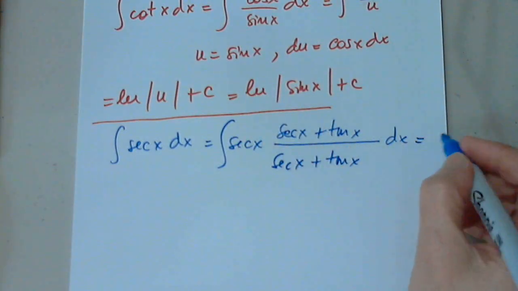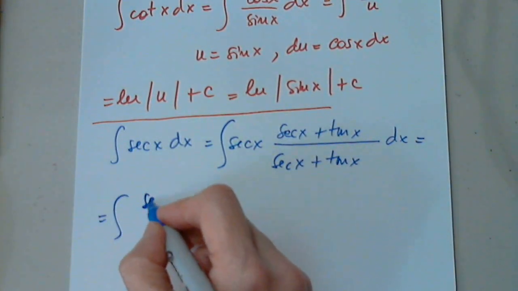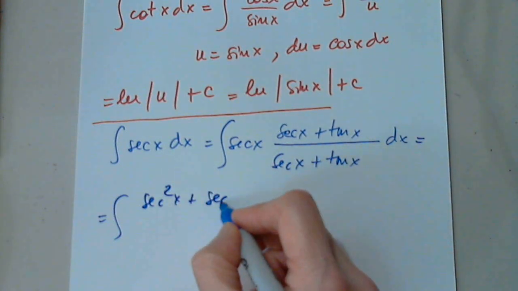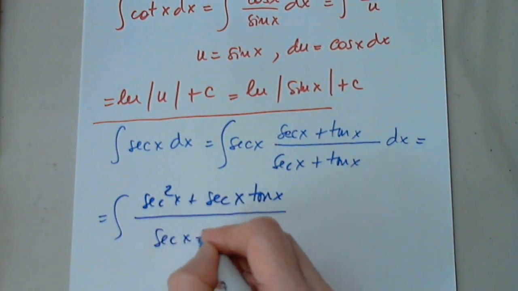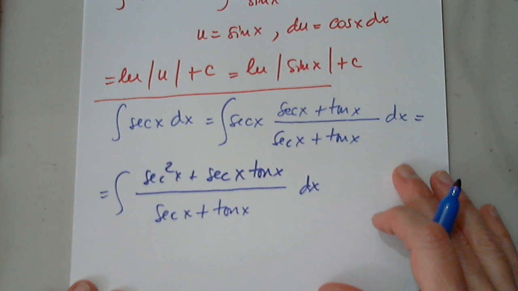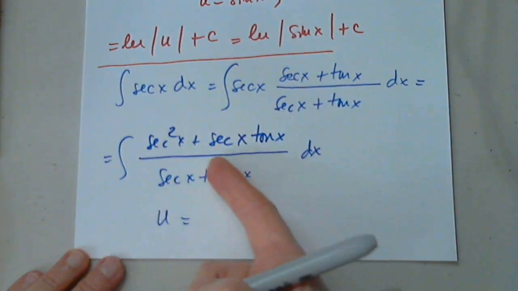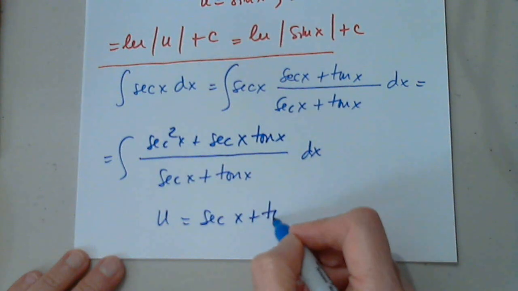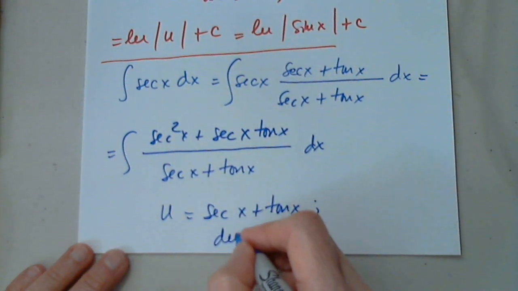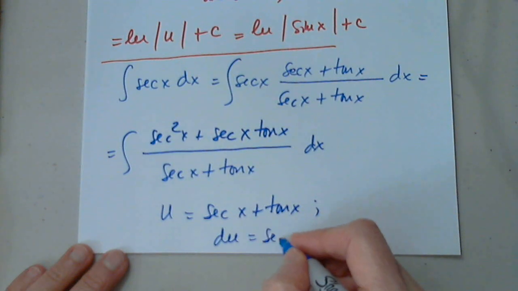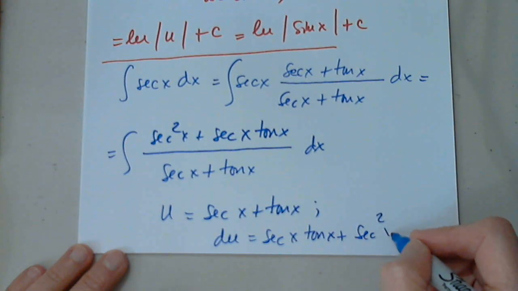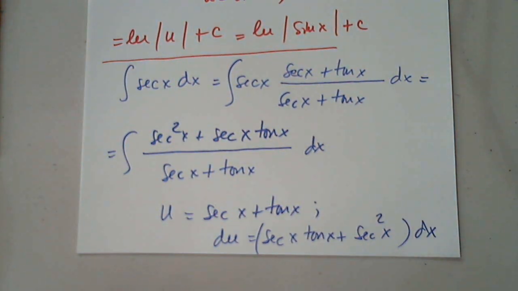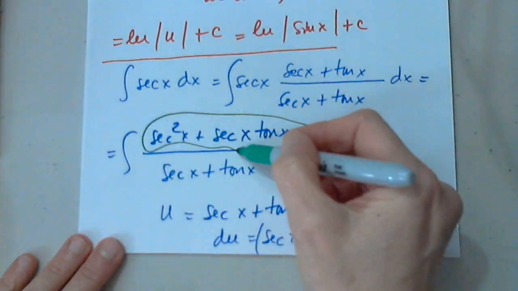I will distribute secant, so I get secant squared plus secant tangent, divided by secant plus tangent, dx. And now I will let u be this quantity, secant x plus tangent x, and of course du is secant prime, secant tangent, plus tangent prime, secant squared, of course dx. And look at that. This is exactly what I have here.